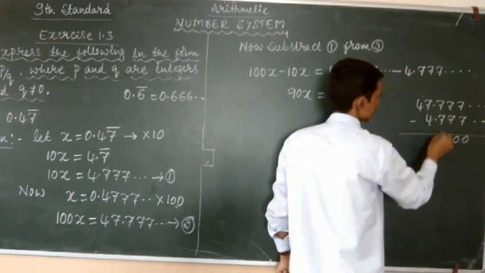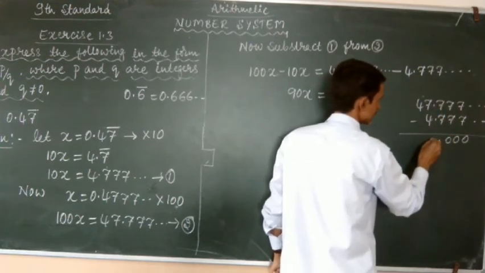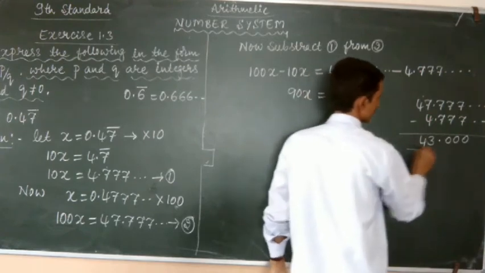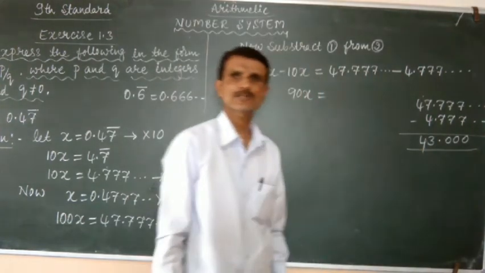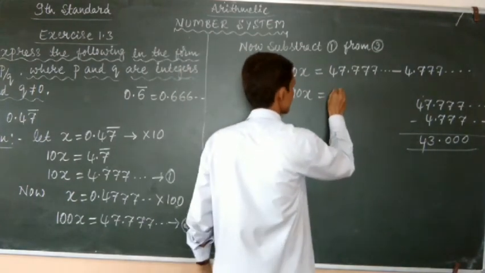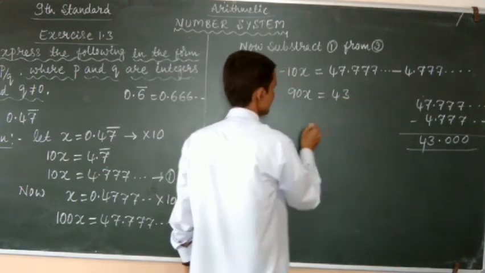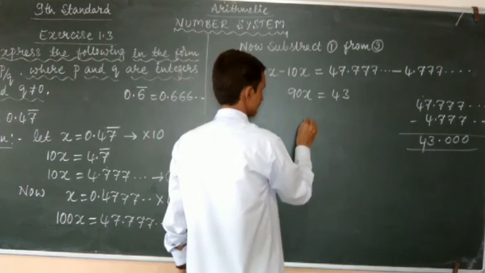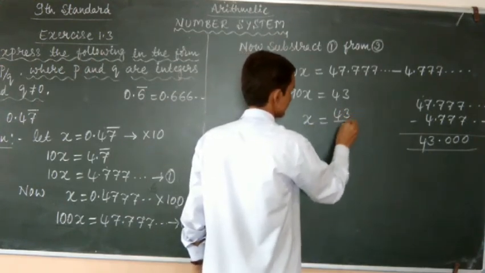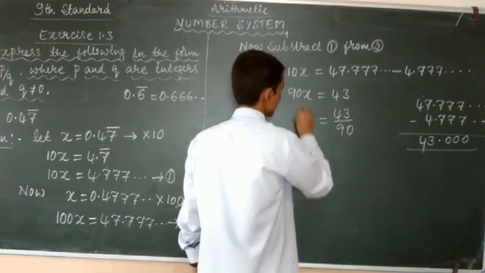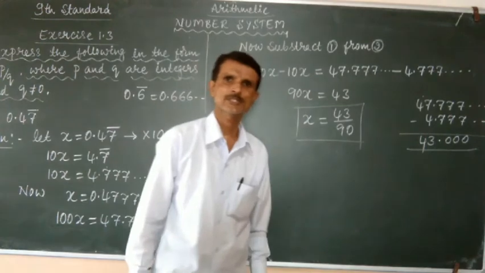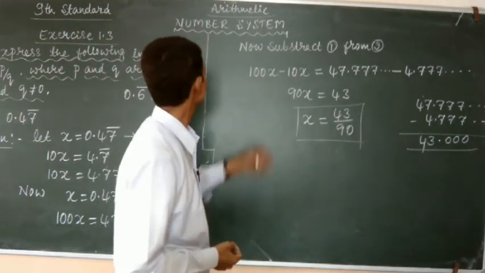0.000 and here 7 minus 4 is 3, and it is 4. So we get 43.00 or 43. So 90x equals 43. It can be written as x equals 43 by 90, which is of the form p by q.